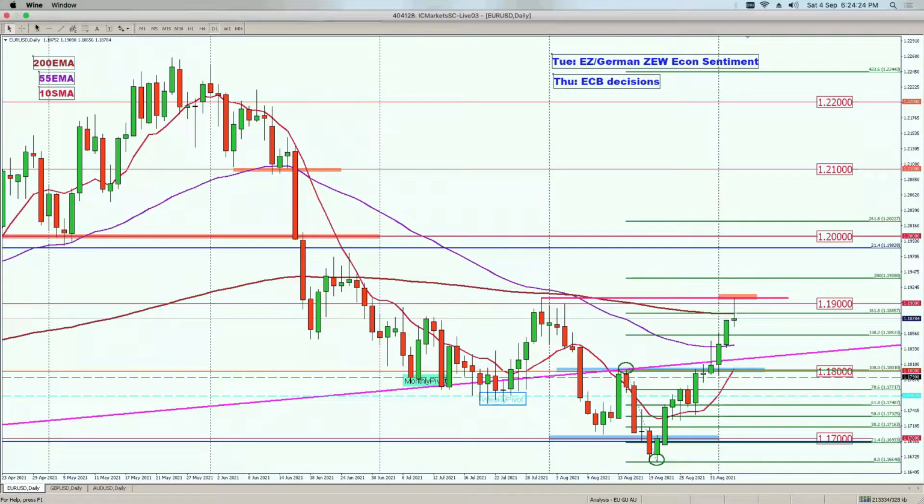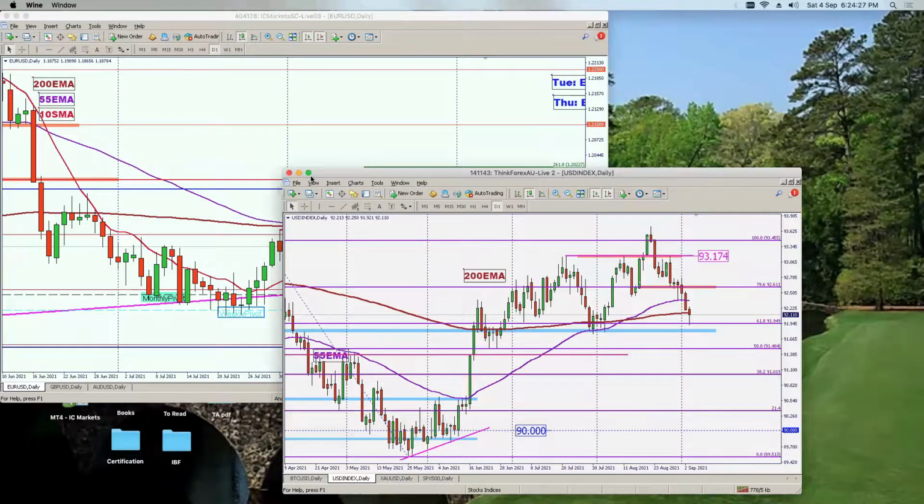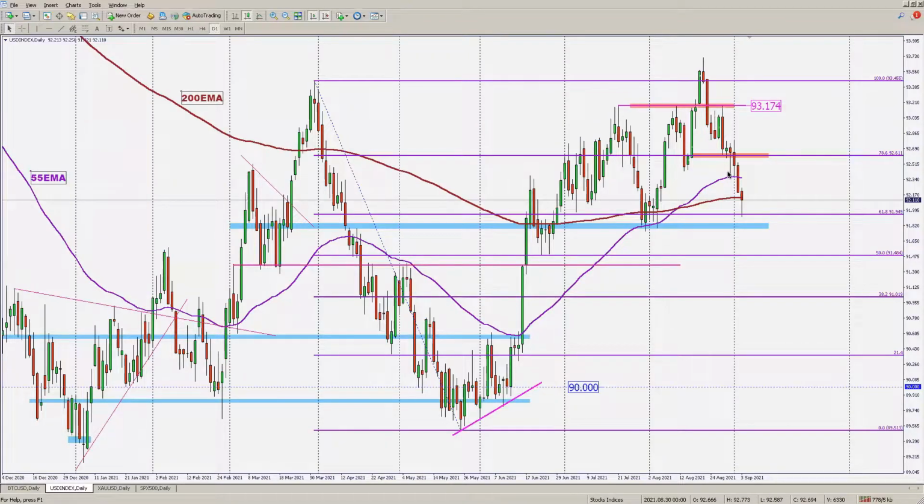Let's also take a look at the US dollar index, DXY, where it had fallen through the previous support on the Wednesday with the ADP figures, and then fell through the daily 55 EMA on Thursday, and then finally with the NFP on the Friday, below the daily 200 EMA to hit the 62 fib retracement of this swing move down.